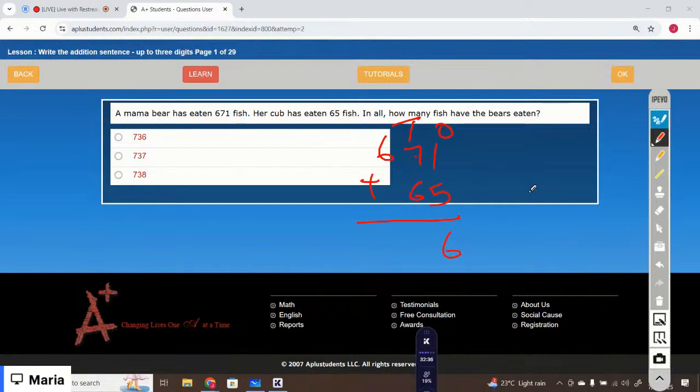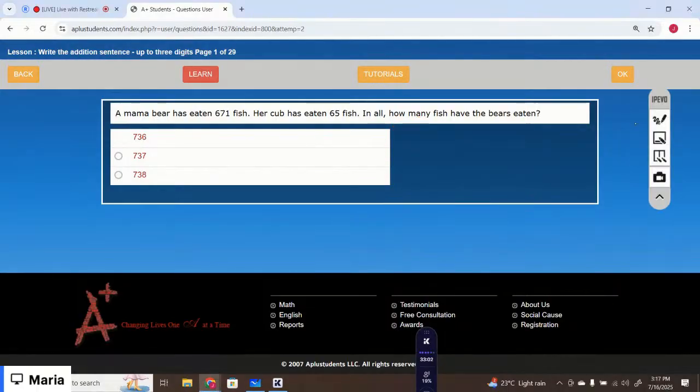Start with 7: 8, 9, 10, 11, 12, 13. Write 3 over here and carry 1. 6 plus 1 is 7. That is 736. The correct option is 736. Option number 1 is the correct option.